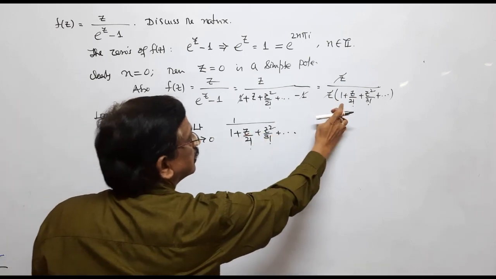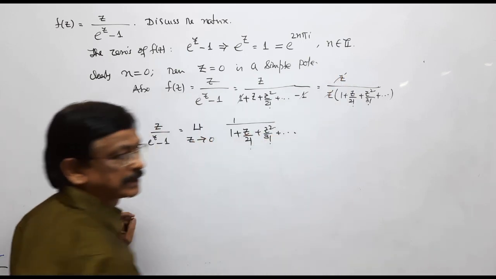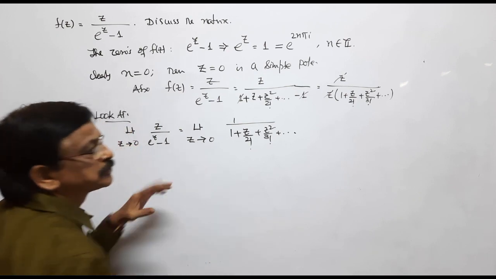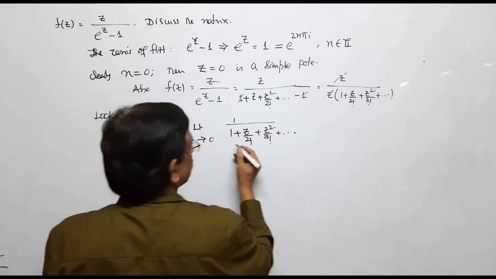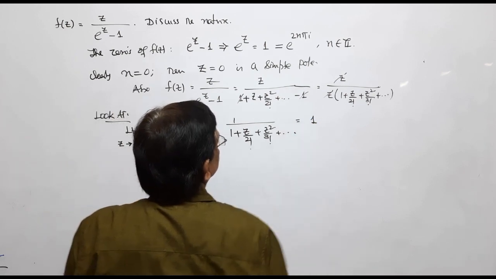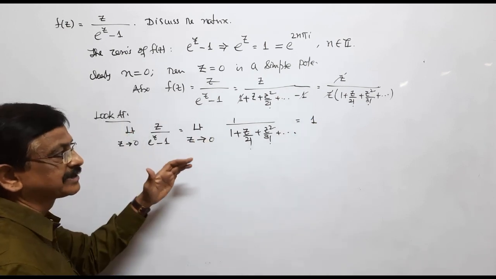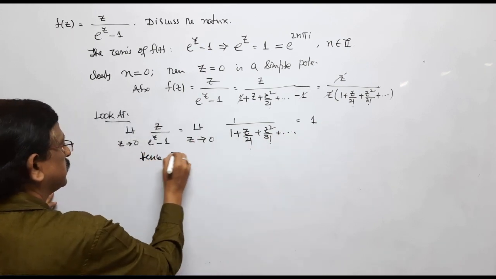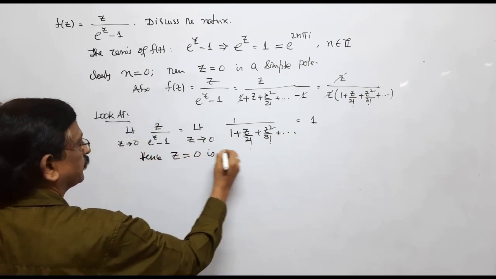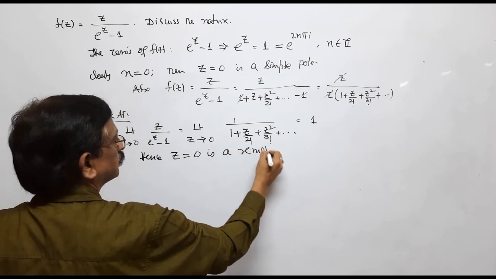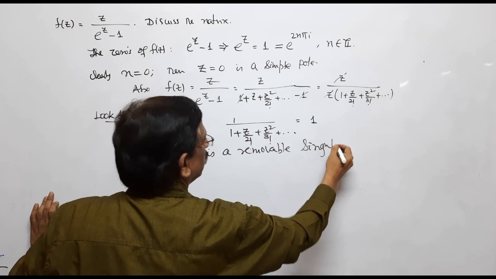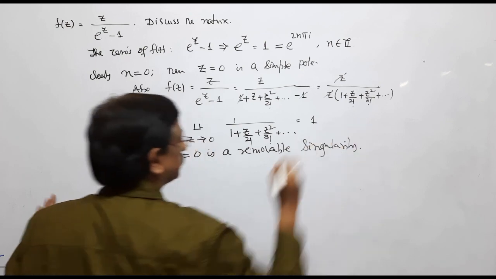Of course, I have already cancelled z, assuming that z is non-zero. So z is tending to 0, but it's not 0, remember. So this will be 1, which is finite. The limit of the function exists, hence z equal to 0 is a removable singularity.